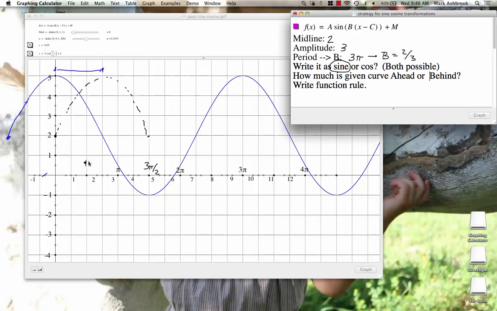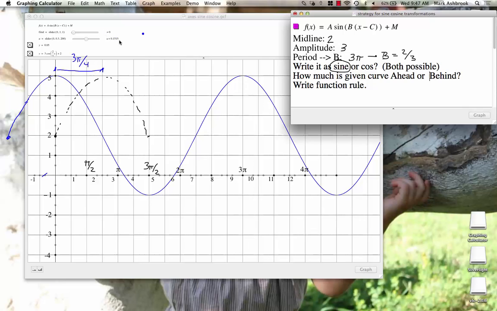And this is pi halves here. We want from here to here, right? 3 pi over 4. Okay, so our curve is 3 pi over 4 ahead of just the typical sine with no shift.